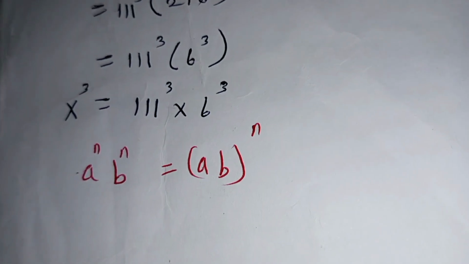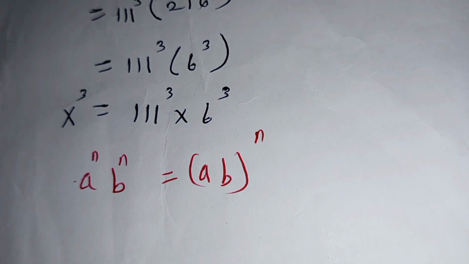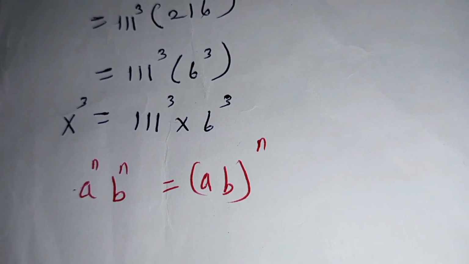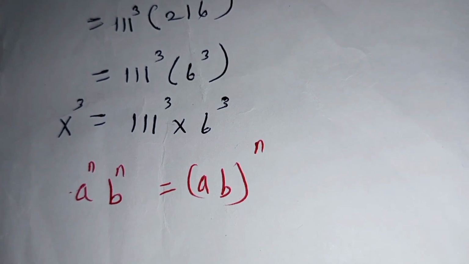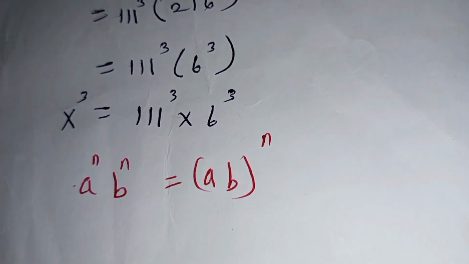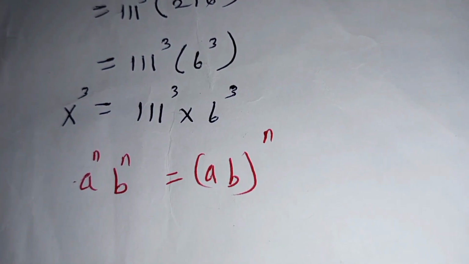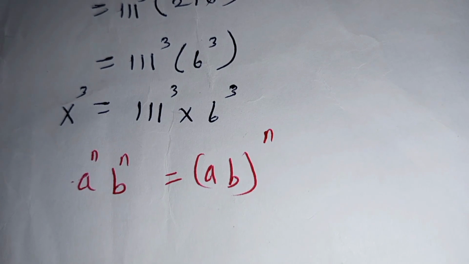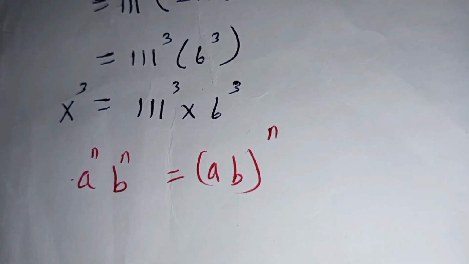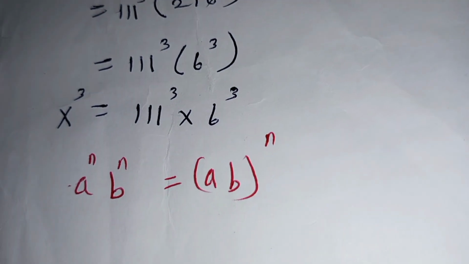Then we employ this law of indices, whereby if you have a to the power of n multiplying by b to the power of n, when the indices are the same, it is the same as multiplying the bases, and then you raise the product of the bases to the index. In our case, our base is 111 multiplied by 6, and our index is 3.